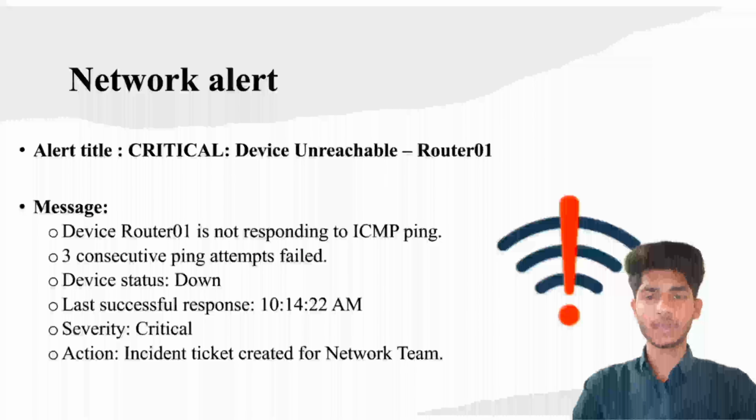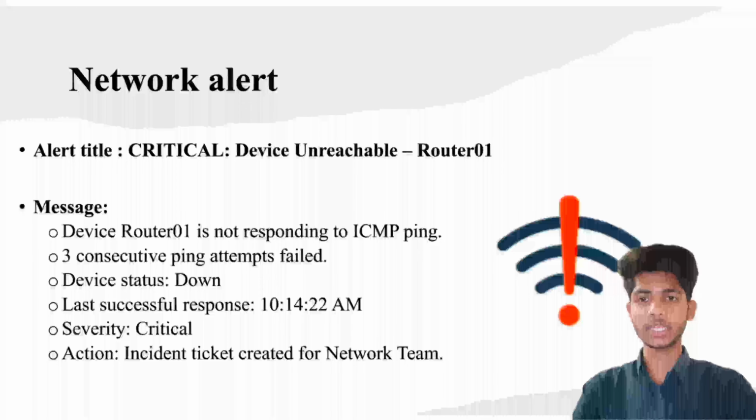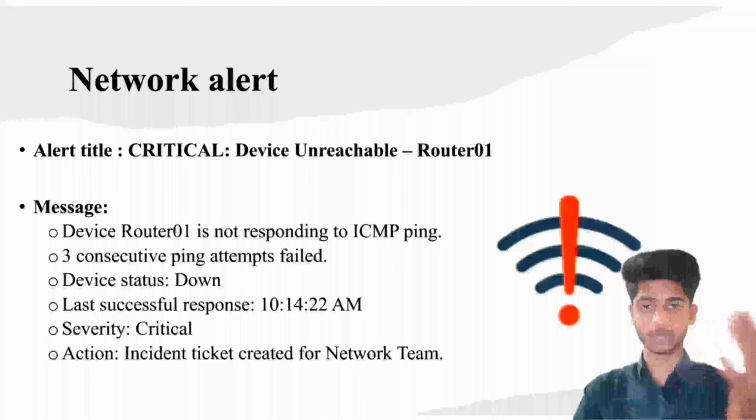Here we have an example of a network alert, where a device is unreachable, say router 01. These details will be there in the alert or in the ticket which our automated process will create.